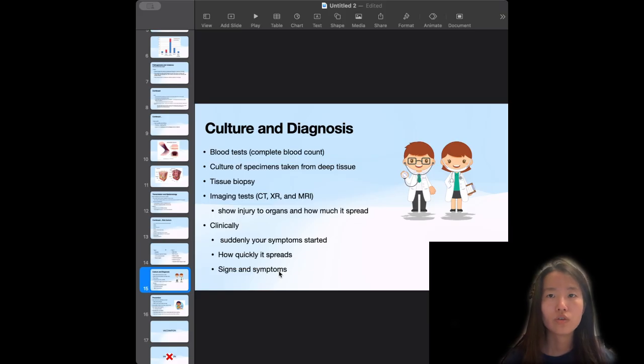With that, you can do further tests to see specific attributes of the bacteria to see if it is necrotizing fasciitis. Imaging tests such as CT, X-ray, and MRI may also be done to show if there's injury to the organs, or if there is, how much it has spread.